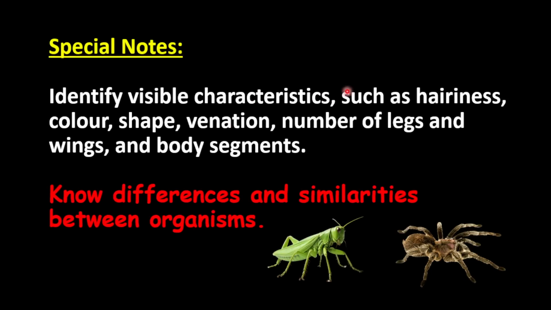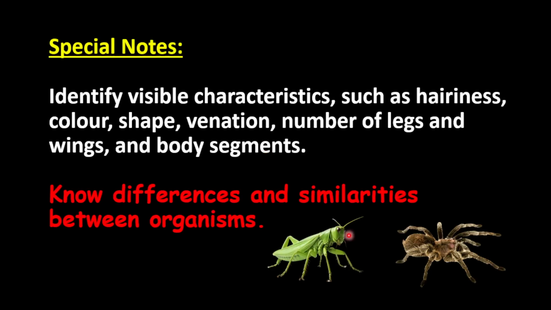All right, again, we talk about characteristics, and CSEC will test you on identifying visible characteristics such as hairiness, color, shape, venation, number of legs, and also number of wings, and also body segments, which I mentioned earlier.